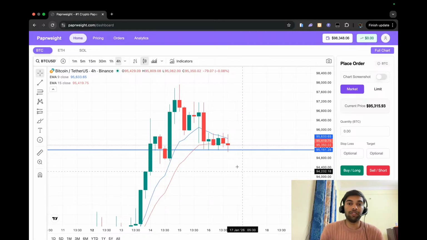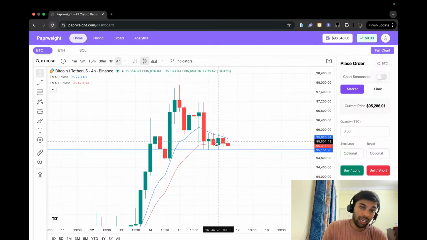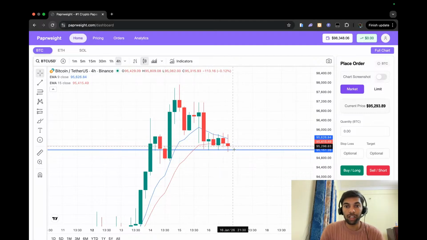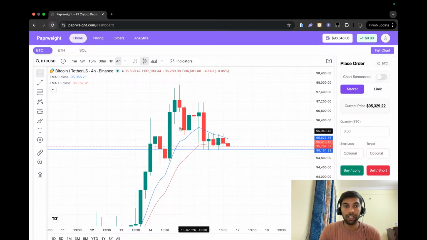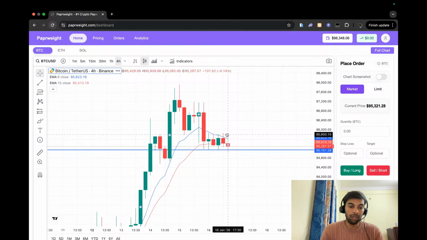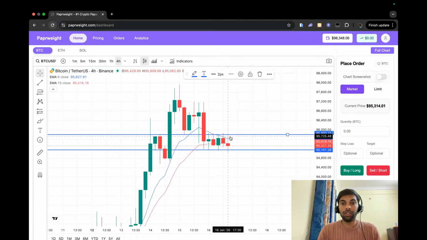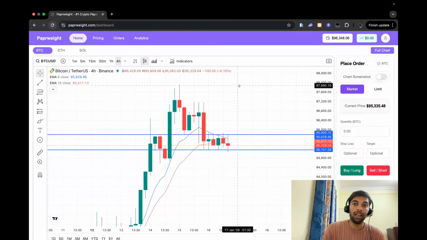Or if this creates accumulation of all the sellers in the downward direction, there will be so many stop losses up here. And if the market tries to make a move in the up direction and crosses this zone, so let me mark this as a zone also, this upper zone which I drew with a horizontal line, then it will definitely shoot up till here.